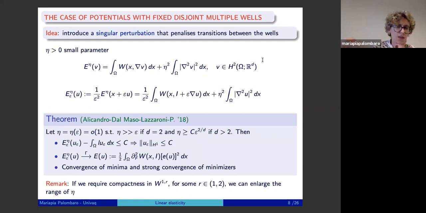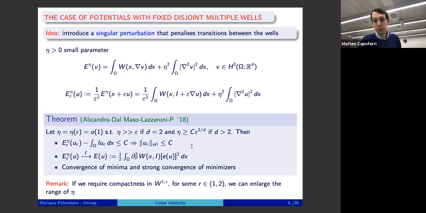In the most general statement that we give, if we want compactness in W^{1,r}, the range for eta will depend also on r, and the scaling that depends also on r is optimal. And also in the discrete setting, we provide some examples where the scaling is optimal.